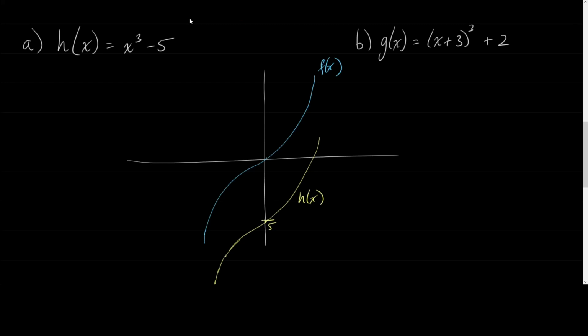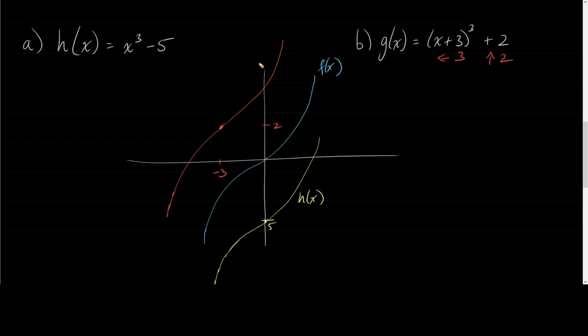We're going to be shifting this to the left by 3 units and upwards by 2 units. So this point right here, our original function, because it's cubic, goes to the left by 3 units and upwards 2 units. So we're going to end up with this point over here, and from there, redraw the function. So there we go, and that's what that would look like.